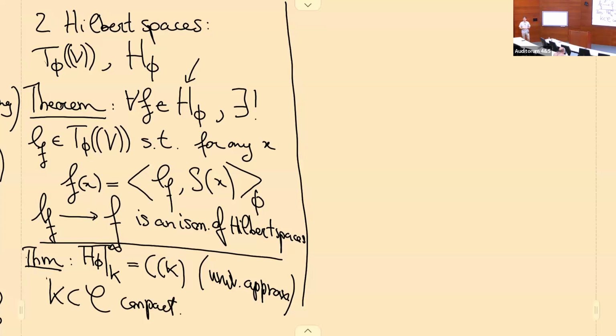One question regarding the first theorem. Not every element of T phi of V is a signature, right? Is there an interpretation when you pass to the limit on the right-hand side, using a sequence of signatures, understood as elements of T phi, passing to a limit which is not a signature? What would happen at the level of the RKHS?